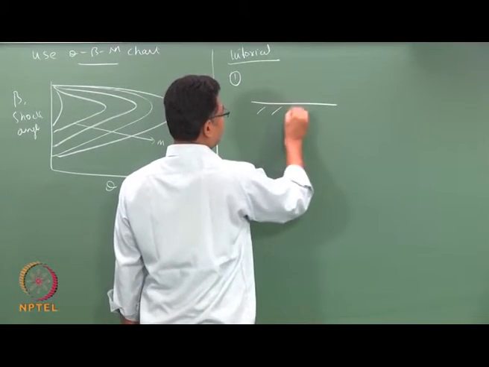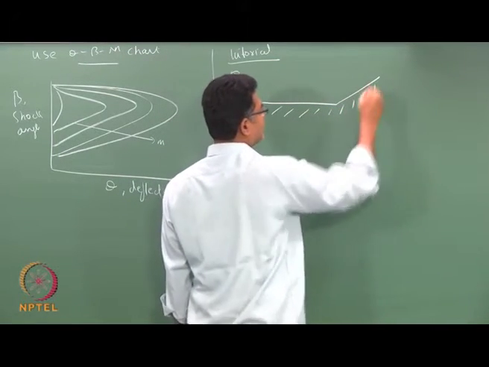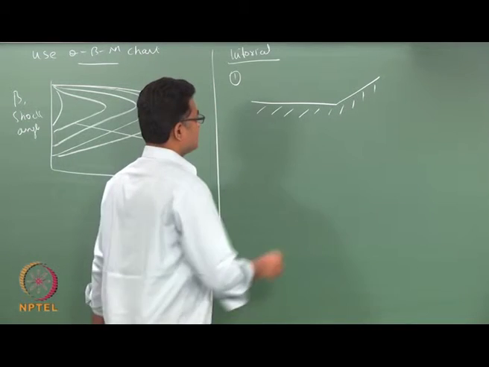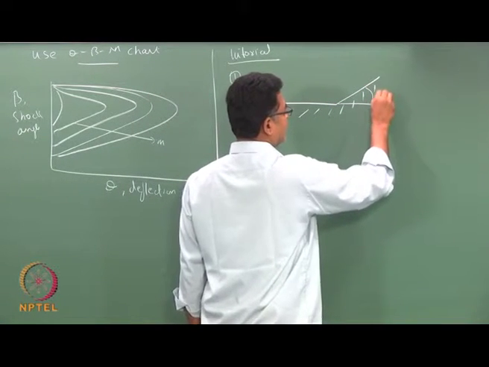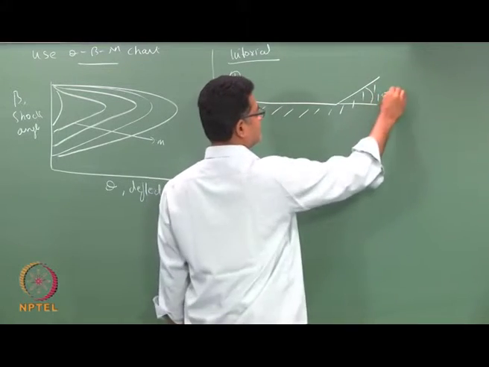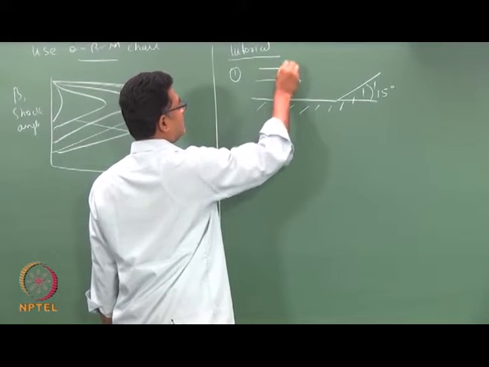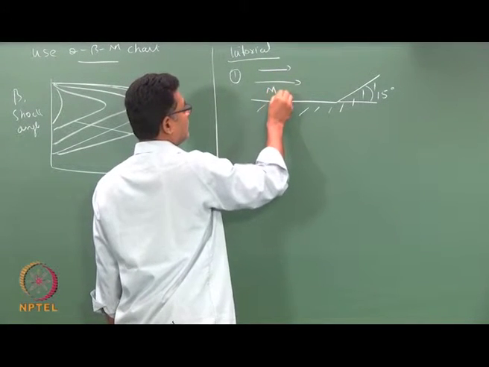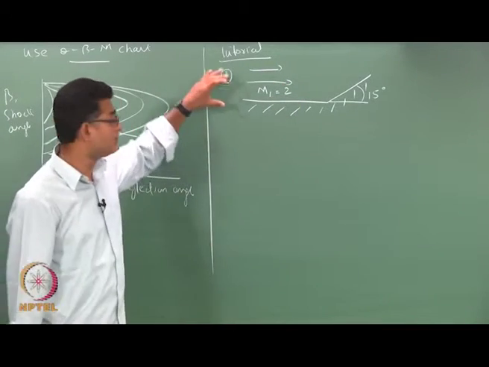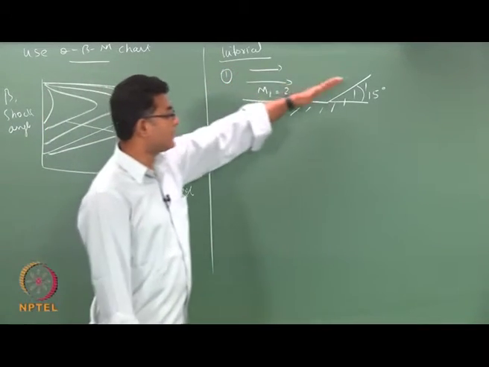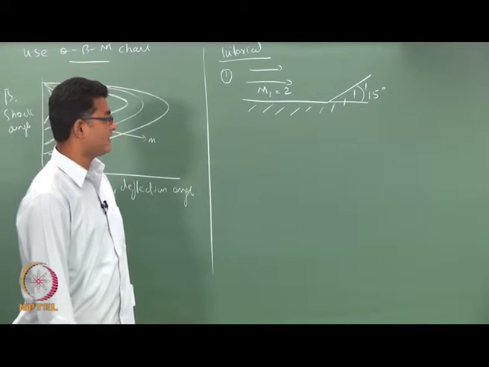I have a flow over a flat plate which just suddenly faces a ramp. This ramp is say 15 degrees and the approaching Mach number of the flow is 2. So, I have a Mach number 2 approaching a ramp which is at a theta of 15 degrees.